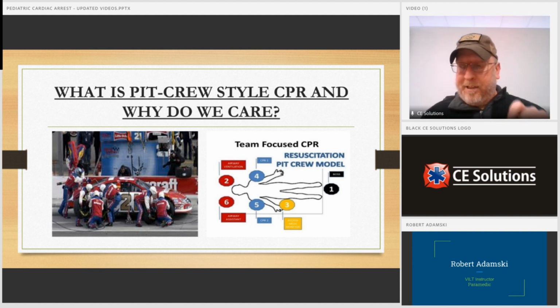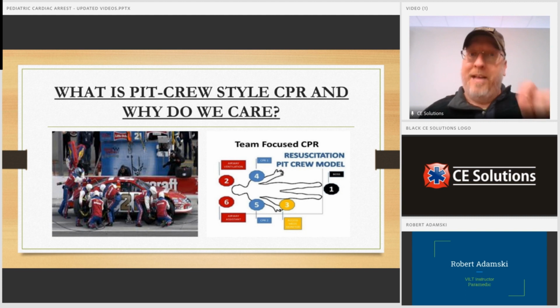They more than doubled the survival rate once they implemented pit crew style CPR. That's why it matters. That's why it makes a difference.